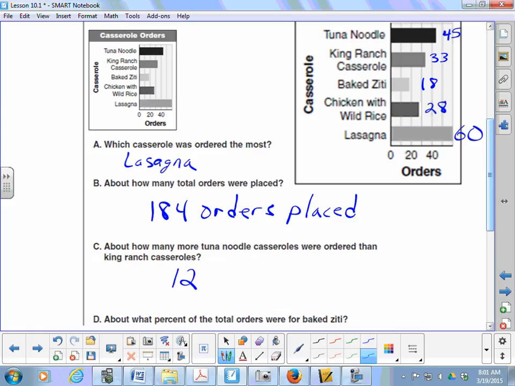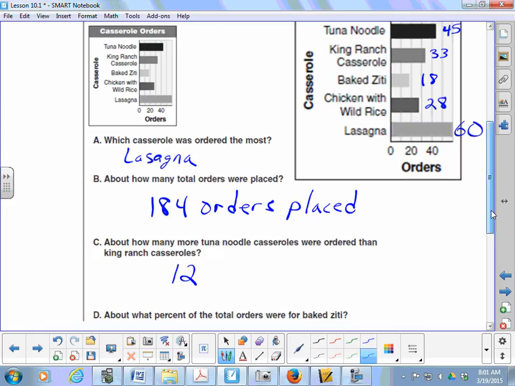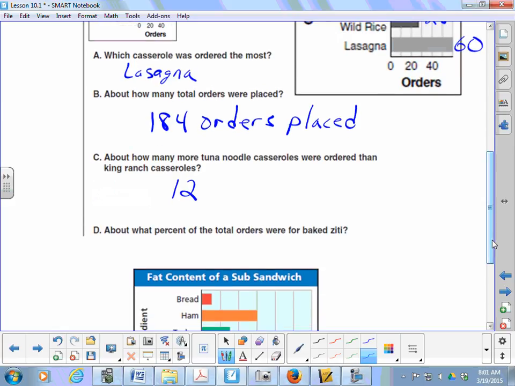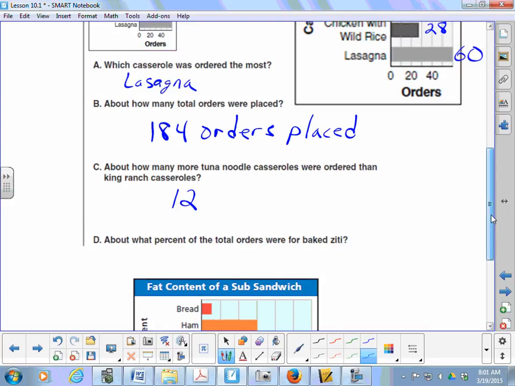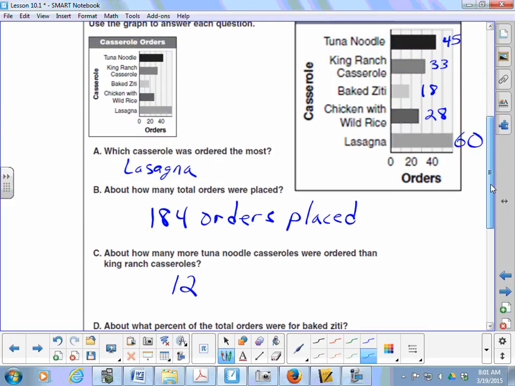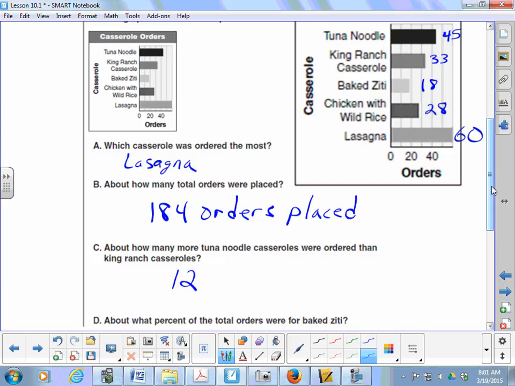Now, we need this answer here for B because then letter D asks us what percent of total orders were baked ziti. So Lucas, how do I find the percent of orders that were baked ziti? How do you find it?